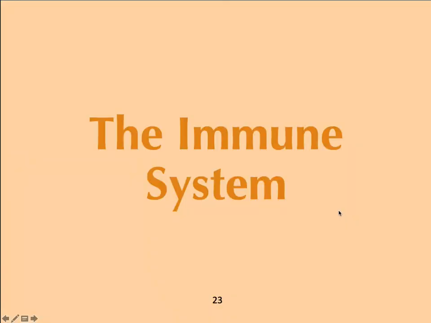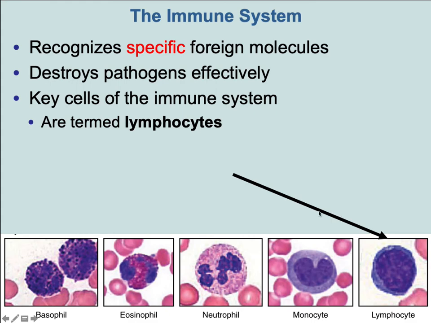Now, immune system. The immune system, okay, is composed of different immune cells. The particular one associated with the lymphatic system are the lymphocytes. So this is the one we're going to talk about. And we'll talk about the rest as well when we talk about the blood chapter.